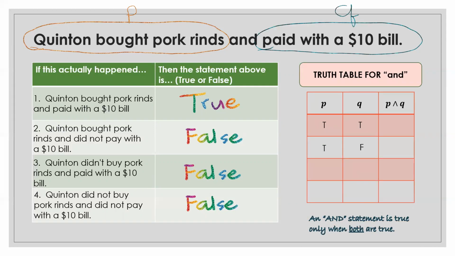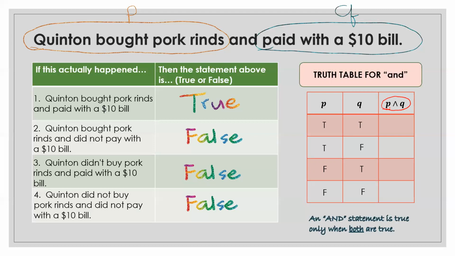Okay, and remember, a simple statement can only be true or false, right? So you have two choices for each one of those simple statements. Altogether, we have four combinations. So false, true, or the last combination would be false, false. And that's it. Those are all your possibilities. So let's consider the statement P and Q, the truth value for that compound statement.